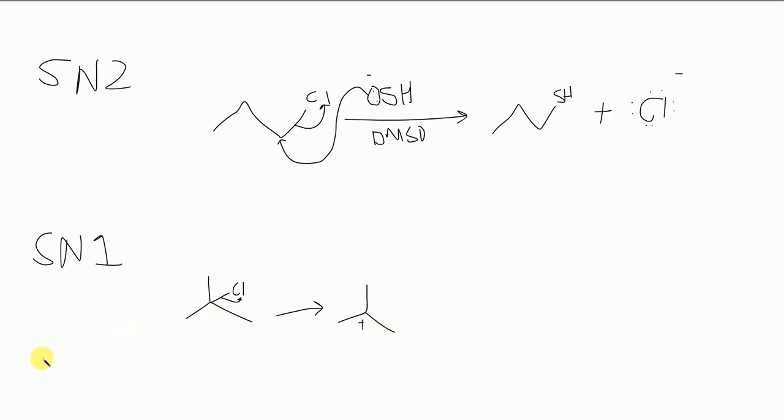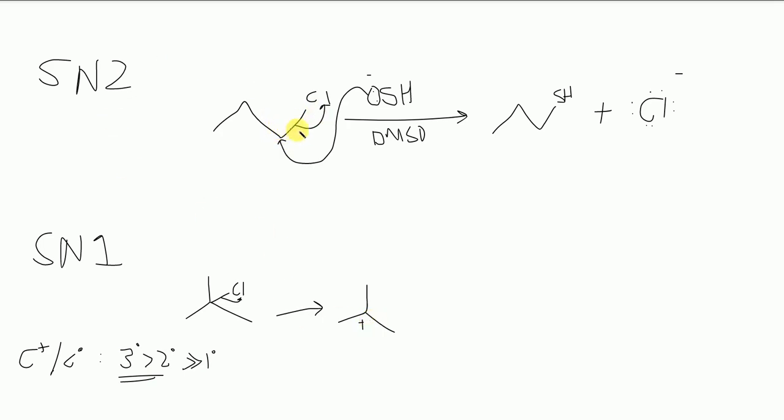I want everyone to remember from the previous test that for carbons that have positive charges or radicals on them, in order of stability, they prefer tertiary over secondary over primary. This is why SN1 works on tertiary and secondary: the leaving group leaves and it can form a tertiary or secondary carbocation, which are relatively stable compared to SN2.